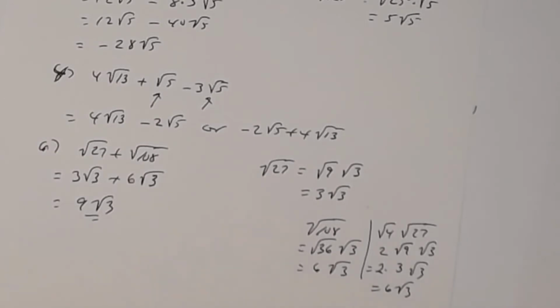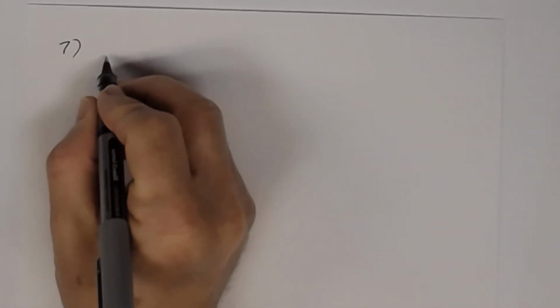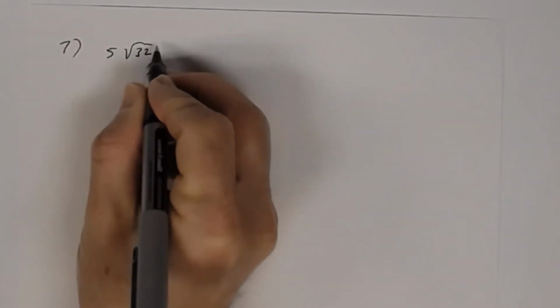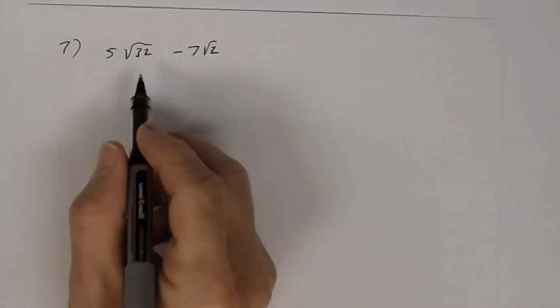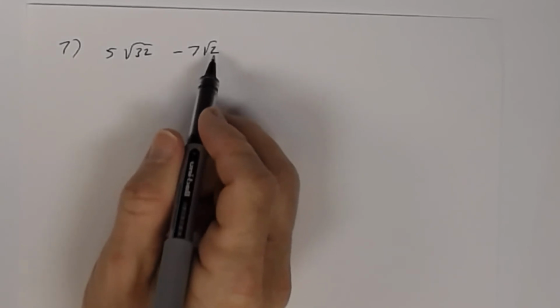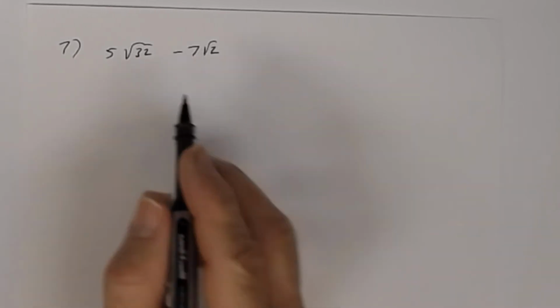Let's look at number 7. Number 7, you have 5 square root of 32 minus 7 square root of 2. All right, so the square root of 2 I cannot simplify further, but I can simplify the square root of 32.